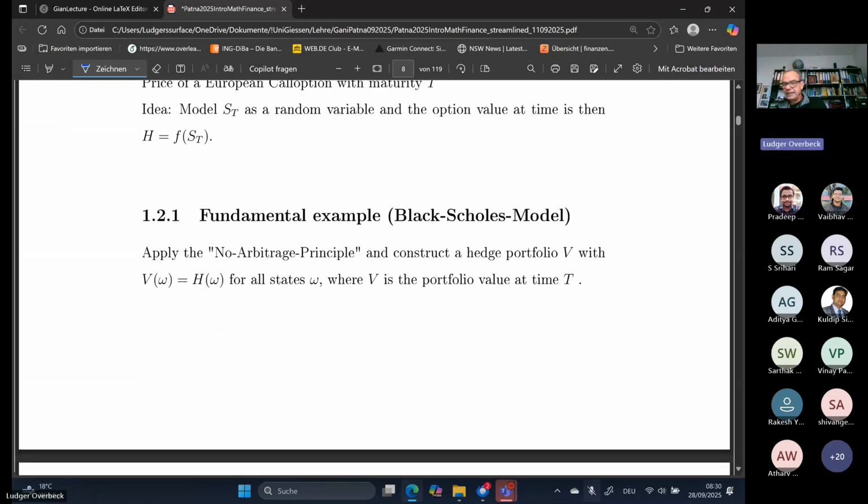And so the basic idea, the main ideas are present already in this simple model. And that's what's called the no arbitrage principle.